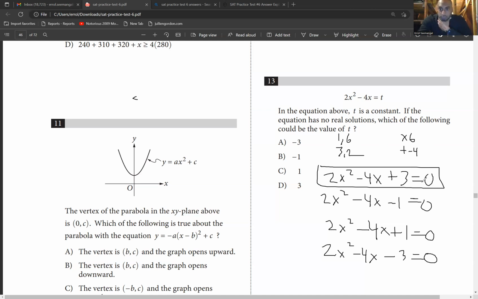Oh no. No, what about this case? Two numbers that multiply to -2 and add to -4. Is there such a number? No. What are multiples of -2? 2 and 1. So no, it doesn't look like.